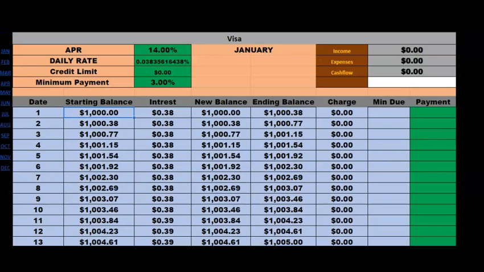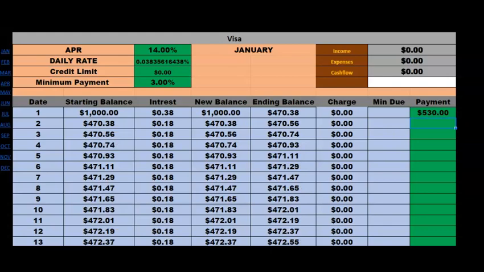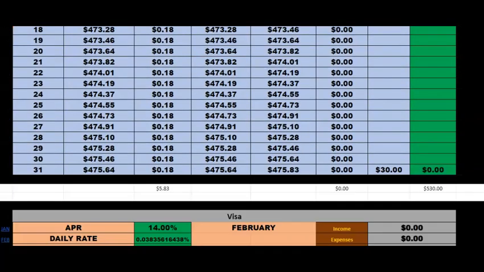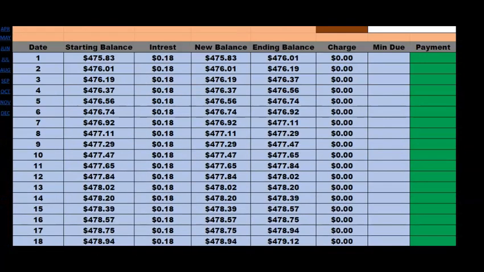We'll start with month 1. We're going to make a payment. Our cash flow is $500, so our payment will be $530. Month 2, we'll send $476.01.